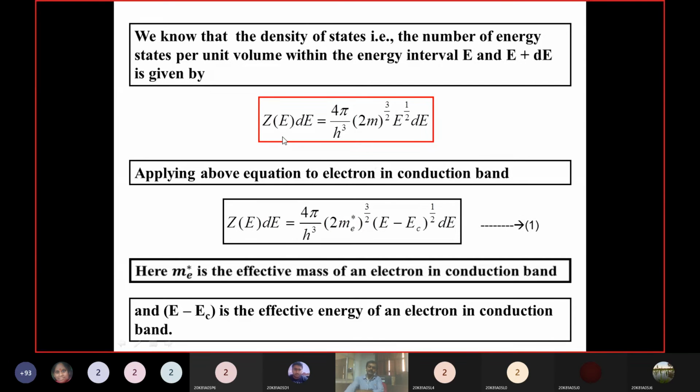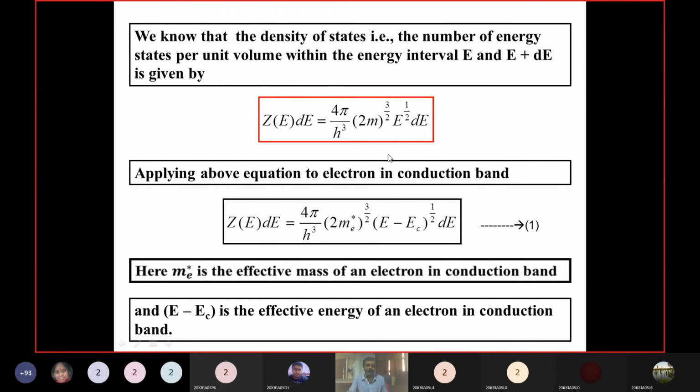So this value of the density of states Z(E) dE, you have to remember by heart. This calculation is not required for you, so I will not tell you this calculation. This is the density of states in the energy interval E and E plus dE.